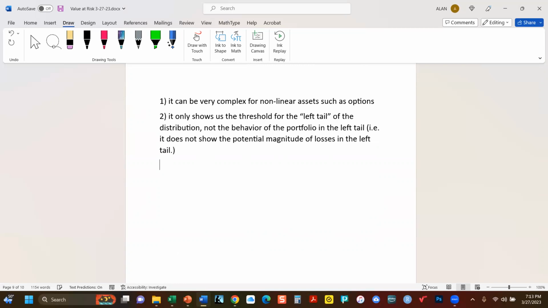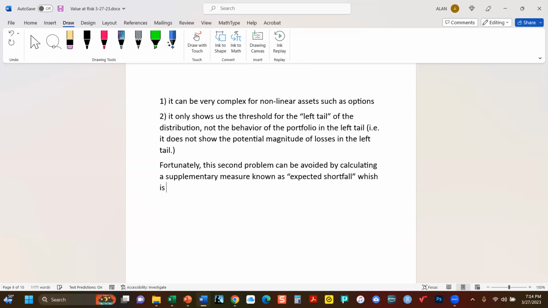Now, fortunately, this second problem can be avoided by calculating a supplementary measure known as expected shortfall, which is essentially the average VAR in the left tail.